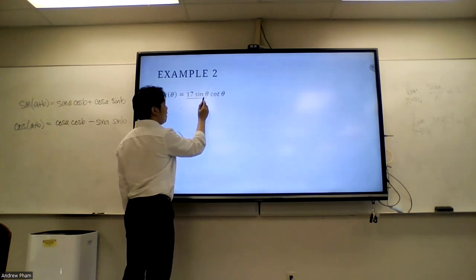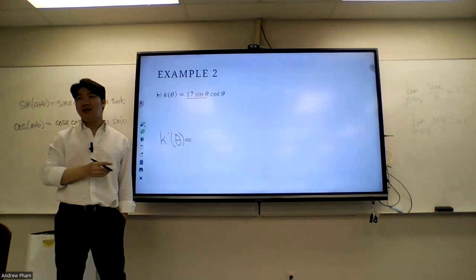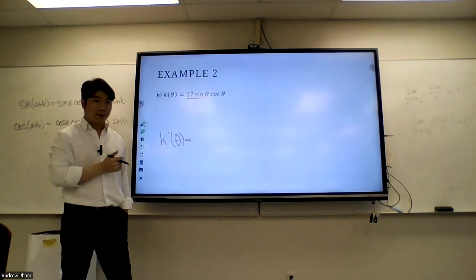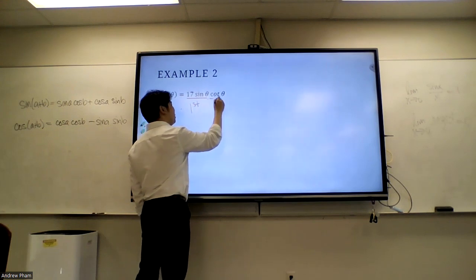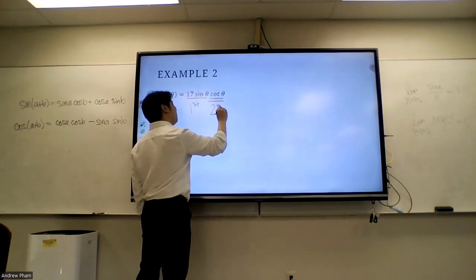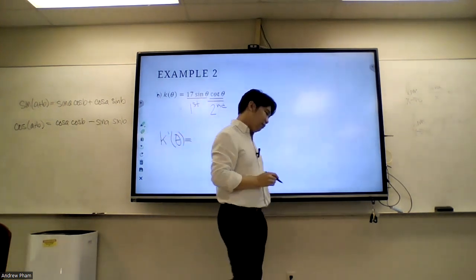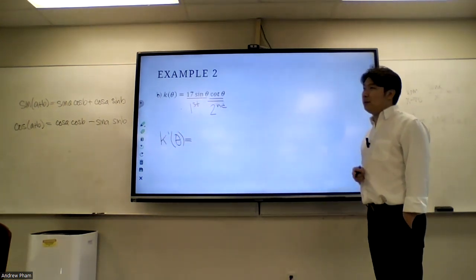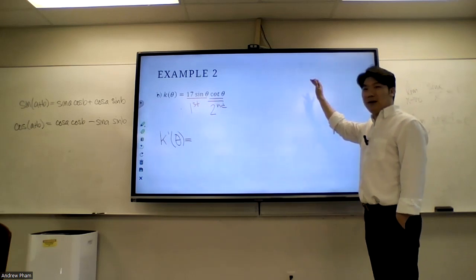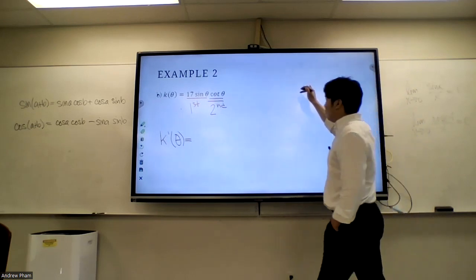And if I want, I can just put a 17 sine of theta, just so that we have the whole thing. And then whatever is remaining should be my second. And once again, just like before the previous problem, so that we have it, I'm going to label these out.